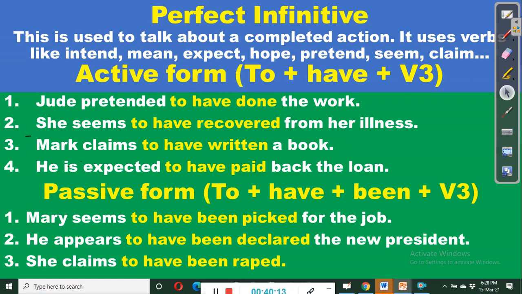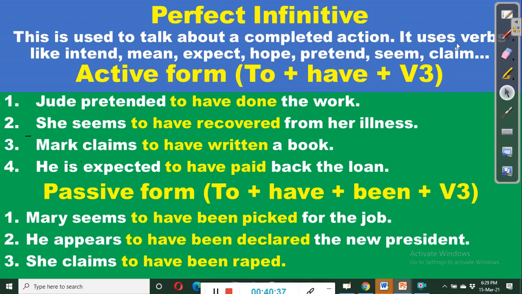The perfect infinitive, like the simple indefinite infinitive, has both active and passive forms. And don't forget that we use the perfect infinitive to talk about a completed action, an action that has been completed. It is done and dusted at the time we are talking about it.